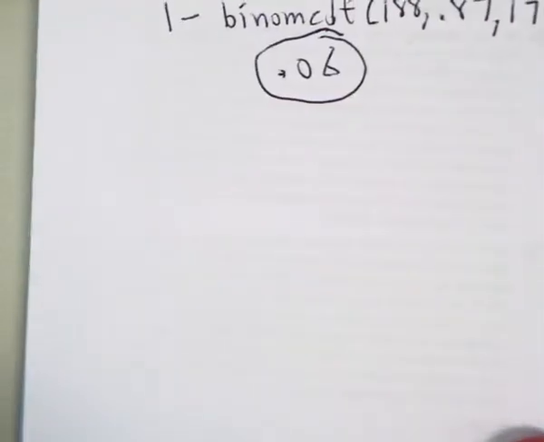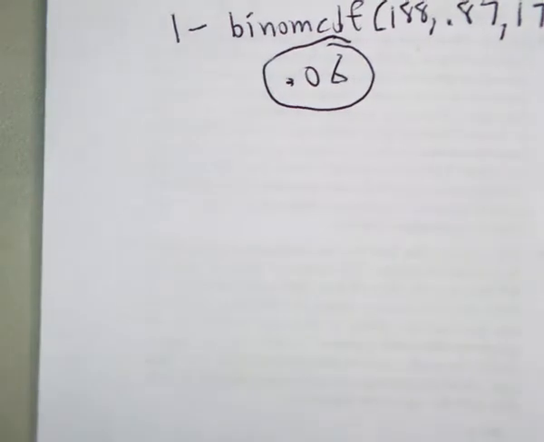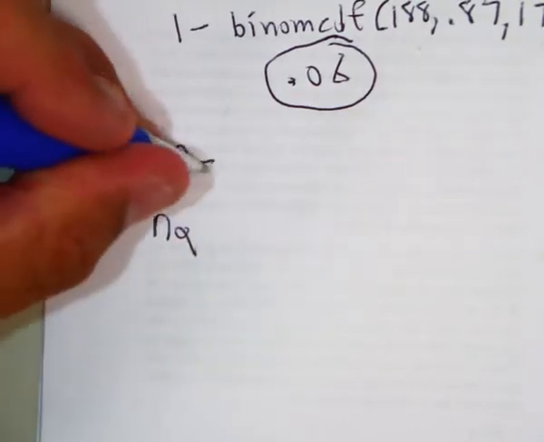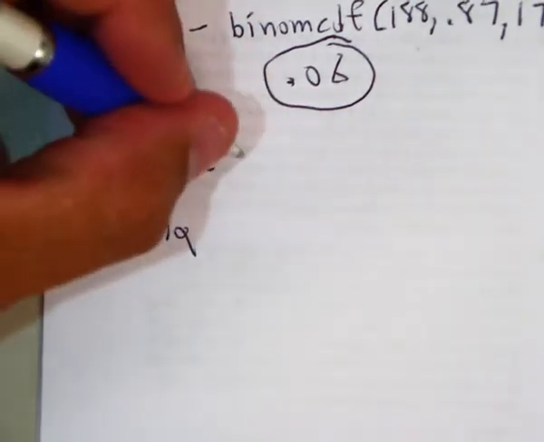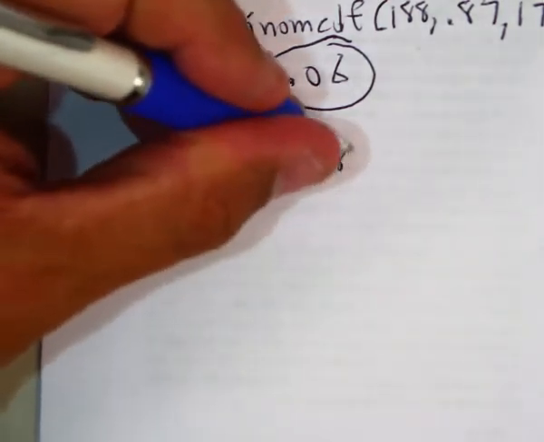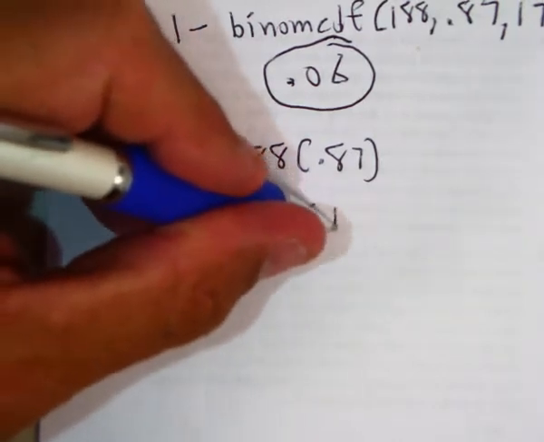But when we have big models like this, we can use a normal model. Okay, because in this case, np and nq: np here, if we're talking about righties, is 188 people in the class times 0.87, and then nq would be 188 times 0.13.